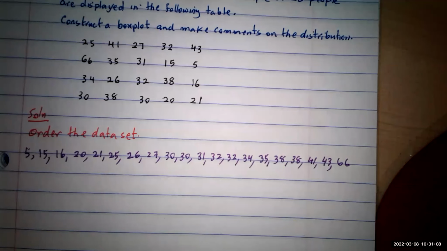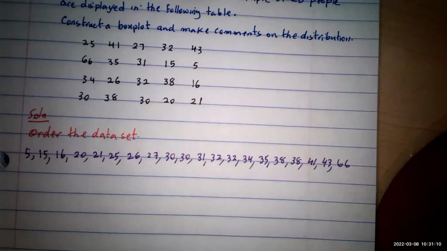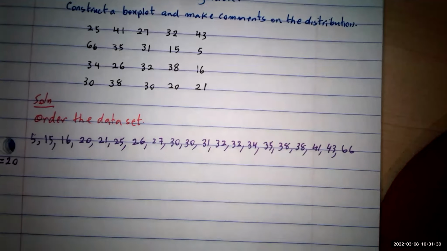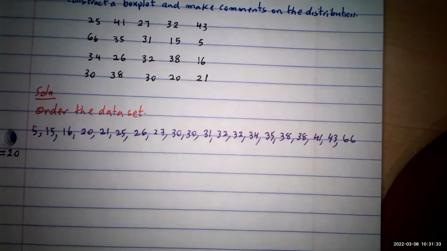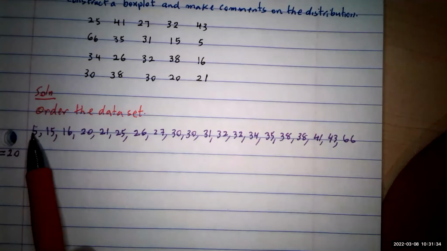Now the number of observations is 20, it's an even number. So in order to get the Q2, 10 to the right, 10 to the left. It's an even number, so you find the median by finding the average of the 2 central elements. So n is equal to 20, which is even. 50% to the right, to the left, 1, 2, 3, 4, 5, 6, 7, 8, 9, 10.